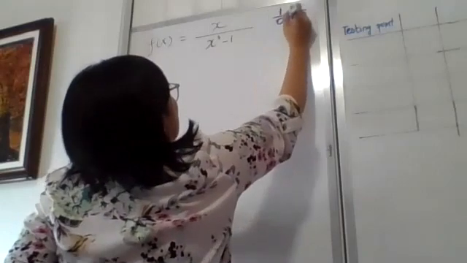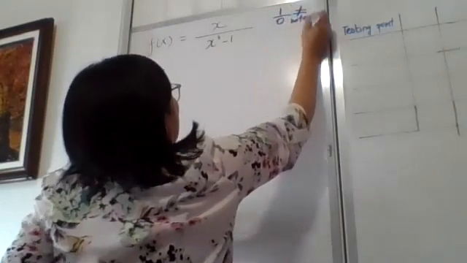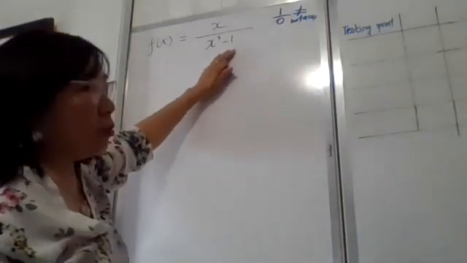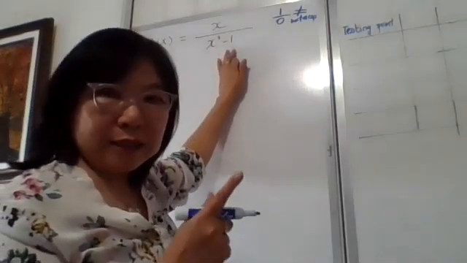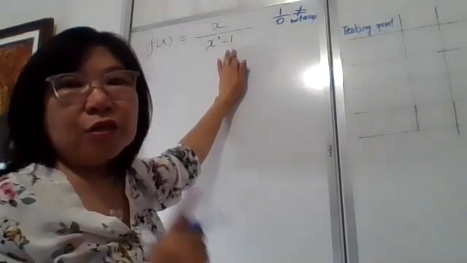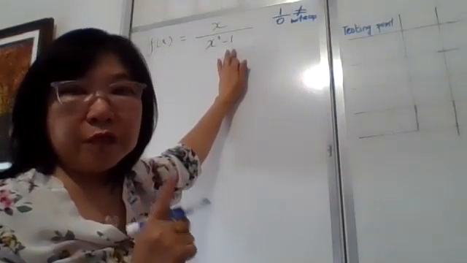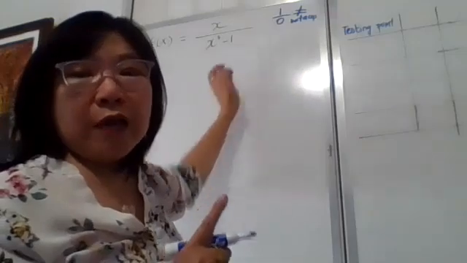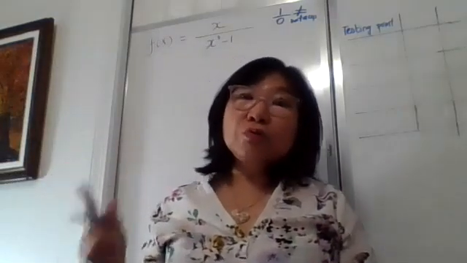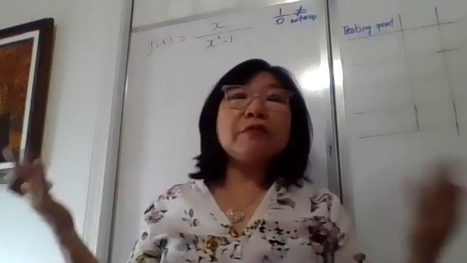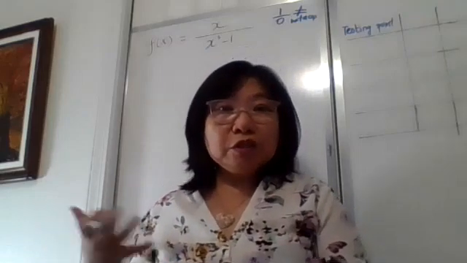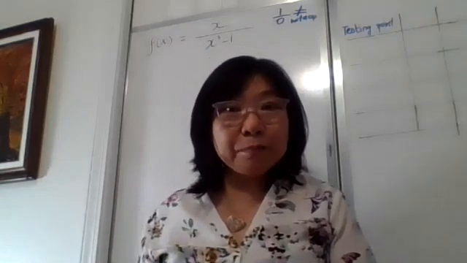If that happens, it means at that point the y value does not exist, and we call it the vertical asymptote. So the way we find the vertical asymptote is we set the bottom equal to 0, and find what value of x makes the function not exist at that point.